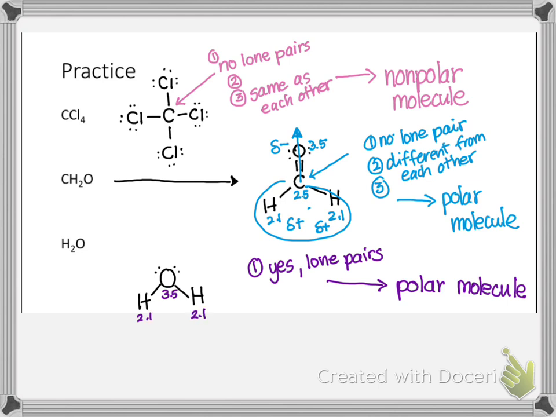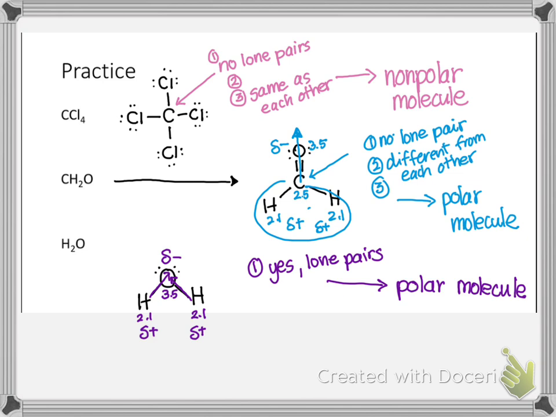So for both bonds, the oxygen is going to pull the electrons toward itself. Oxygen has not only electrons with lone pairs, but also higher electronegativity. As a result, the dipole is: the oxygen is negative, and down here the hydrogens are positive. And it's not two positives to one negative. It has to all balance.